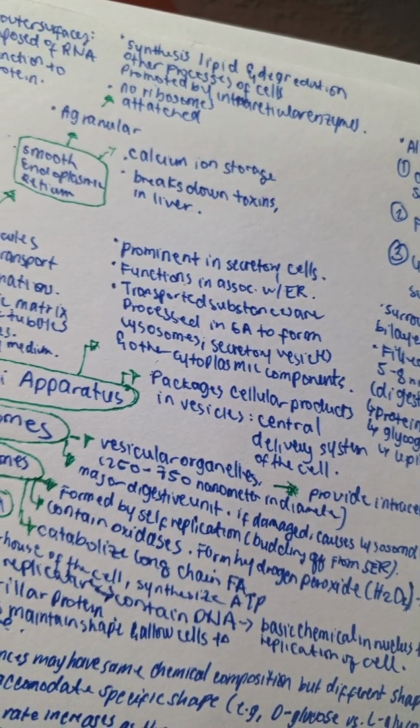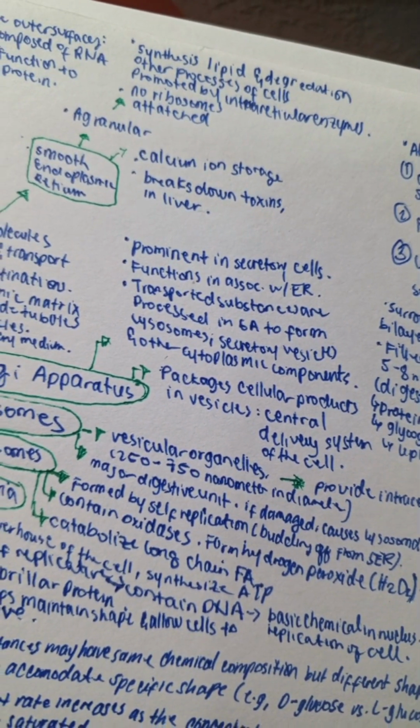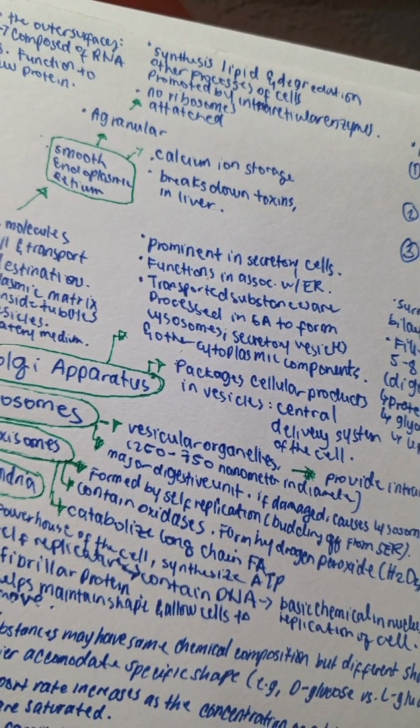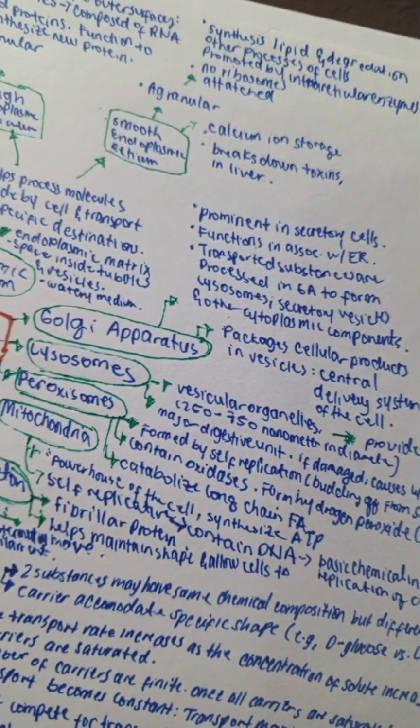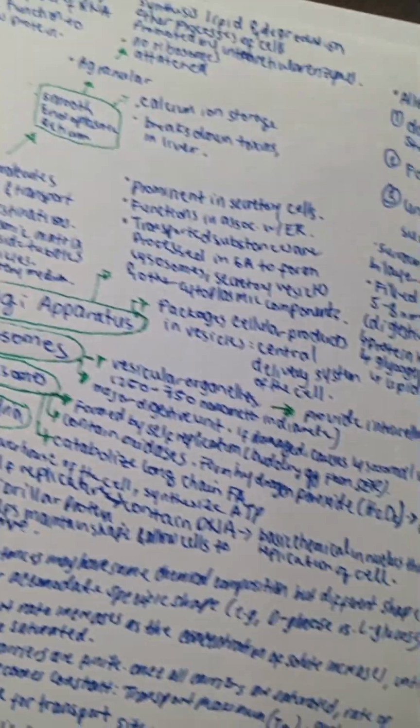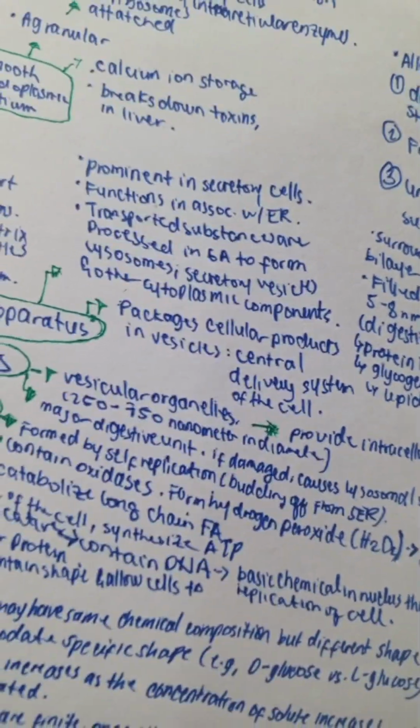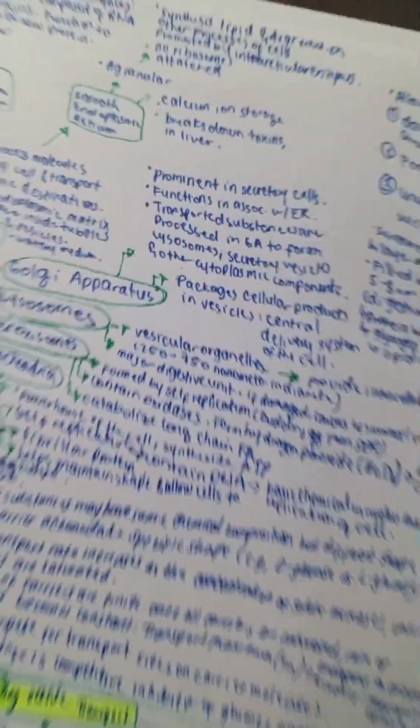It packages cellular products in vesicles, and it is known as the central delivery system of the cell. So that's Golgi apparatus.